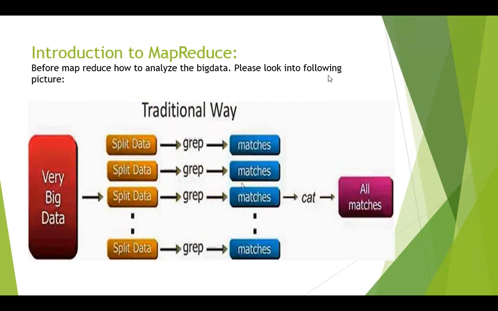When we don't have the concept of Hadoop and MapReduce, earlier when we had a large data set like this which you are seeing on the left hand side, that data is first split into different blocks, and for each split block a separate grep command is performed, and the results from the split blocks are finally displayed as the calculated result after joining all the results.